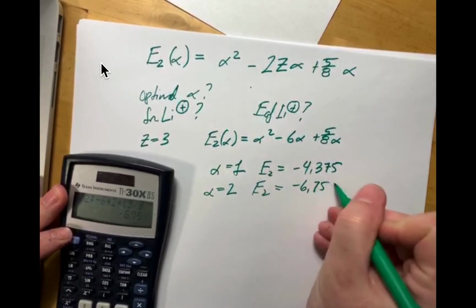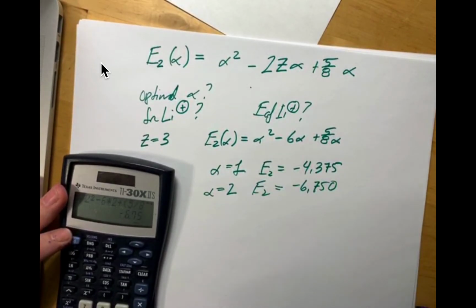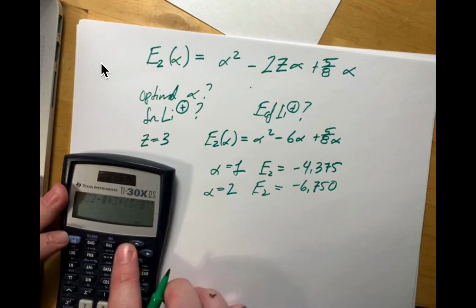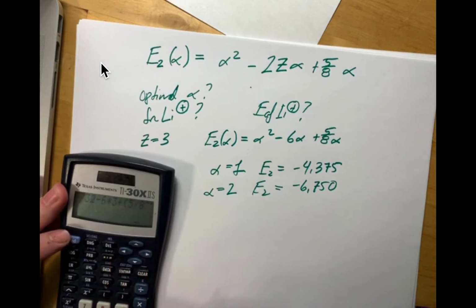Minus 6.750. Alpha 3: 3 squared minus 6 times 3 plus 5/8 times 3. Oh, I messed something up there, I think. Oh, yeah. 3 squared. There we go.